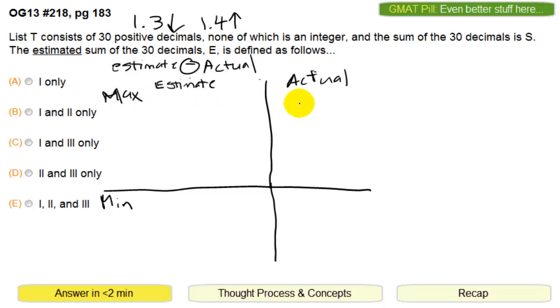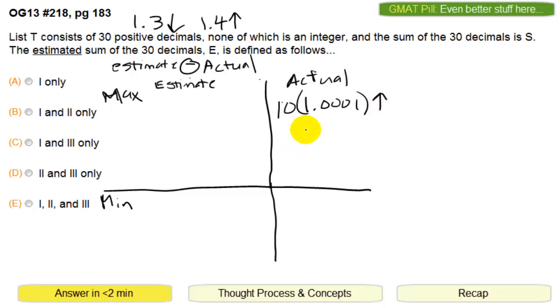Say for example you have a number like 1.001. This is an even tenths digit, so this would naturally round up. And again, we're told 1/3 of these 30 positive decimals are even, so we have 10 of these, and they round up.